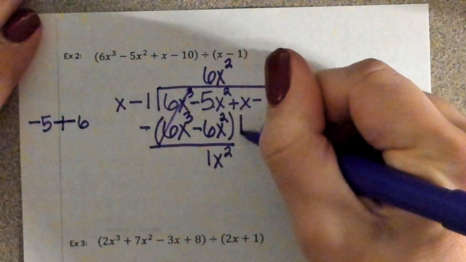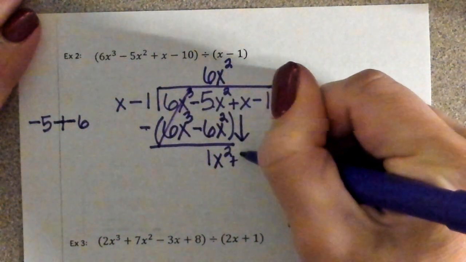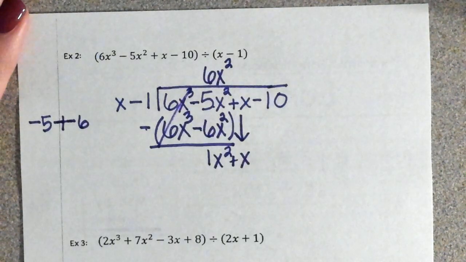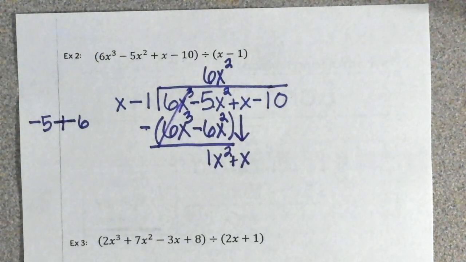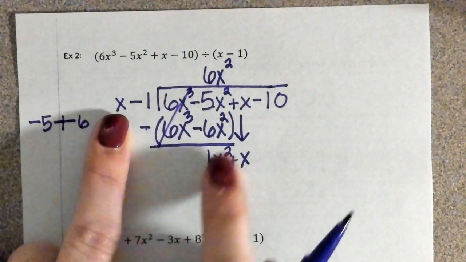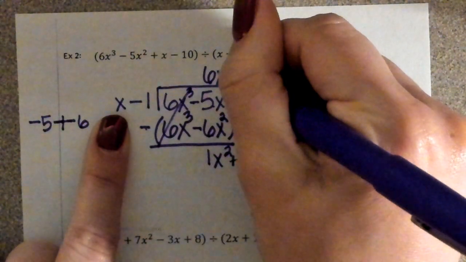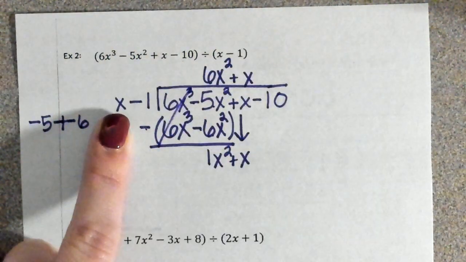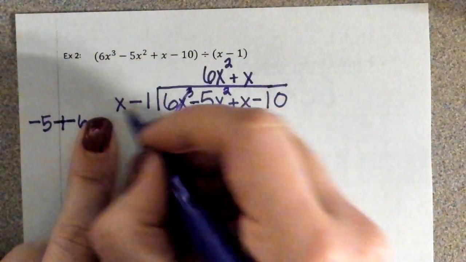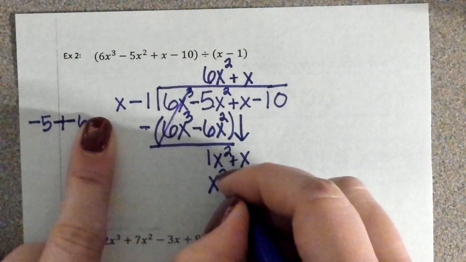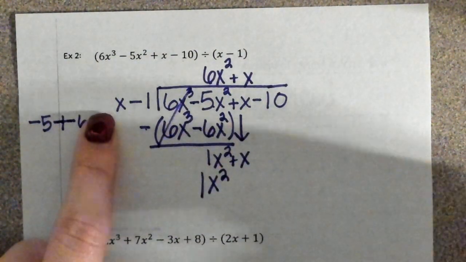Then we have to bring down the next term, so plus x, and we repeat the process. X times what makes x squared? Well, just one more x, right? So x times x is x squared, or 1x squared if you want it to match.